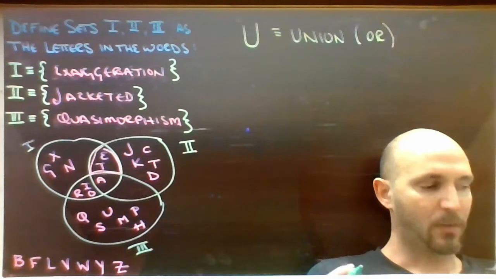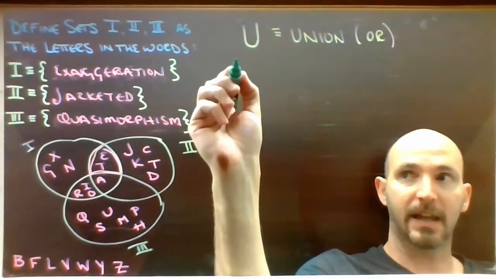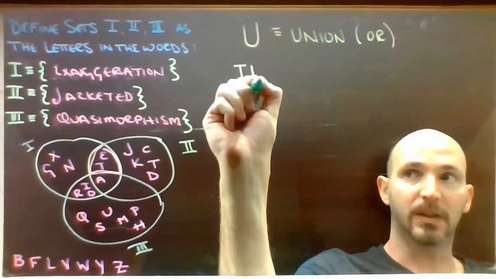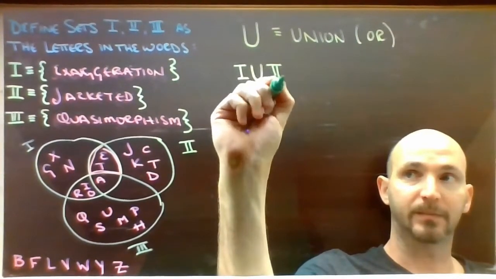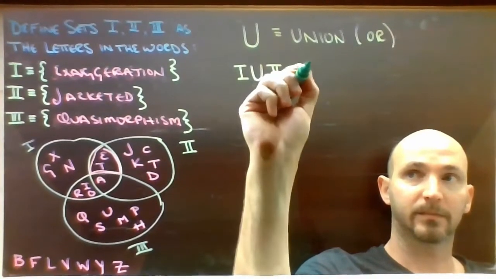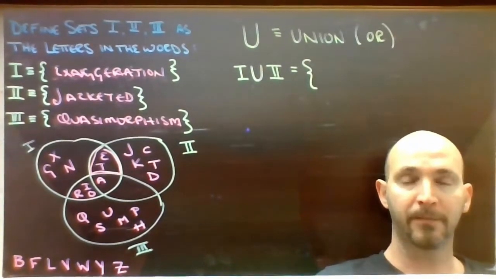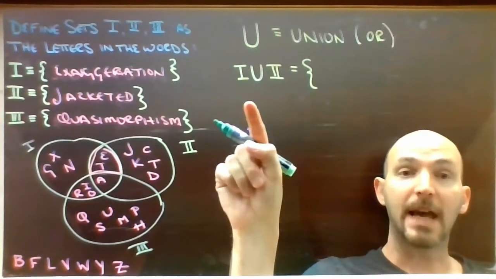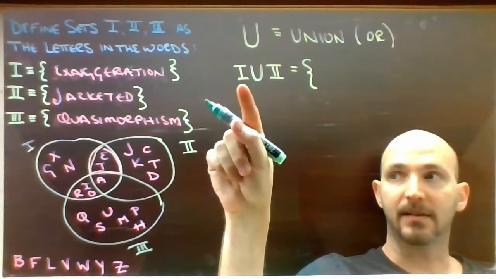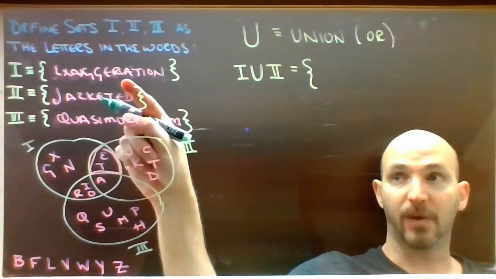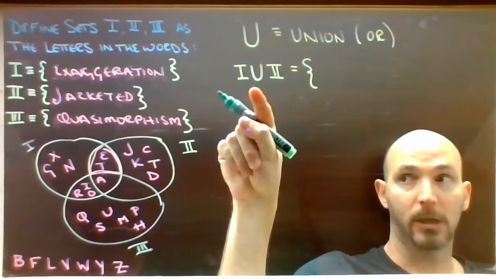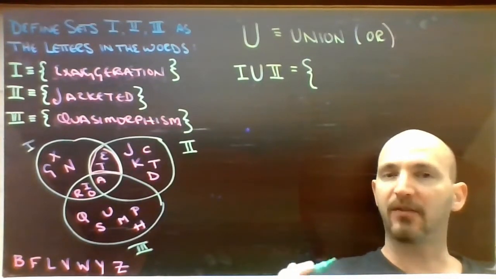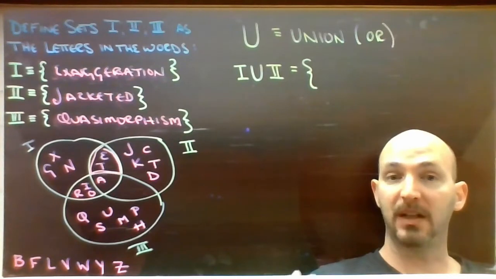The first set that we're going to look at is what's contained in the set 1 union 2. If I read this in the symbols, it says, what letters are in the set of the word exaggeration or the set of letters in the word jacketed? They don't have to meet both criteria, they just have to meet one.